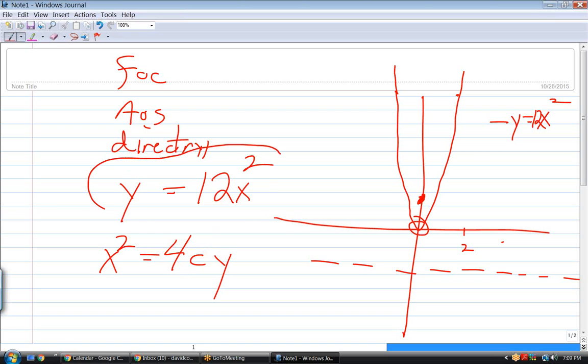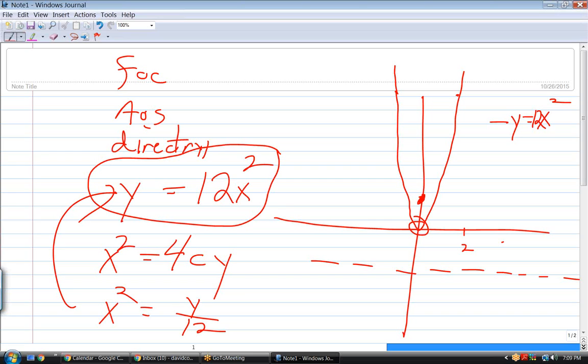Let's take your equation and put it into this format. What would it look like? Divide both sides by 12. So that's y divided by 12? Well, no. X squared, in other words, if this is your standard format, then you want to make your function look like this. So it's 1/12 times y.